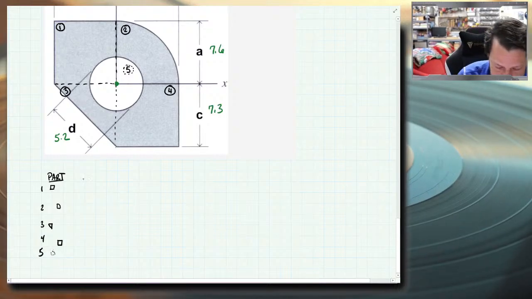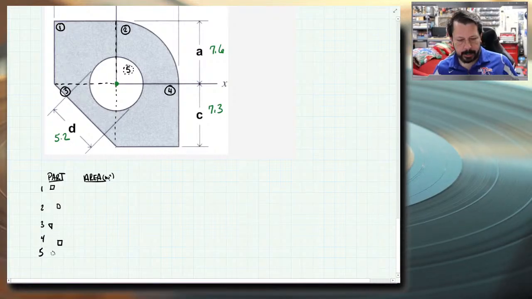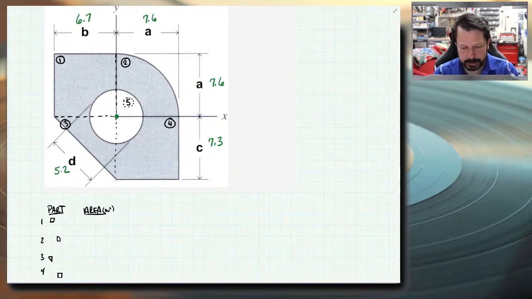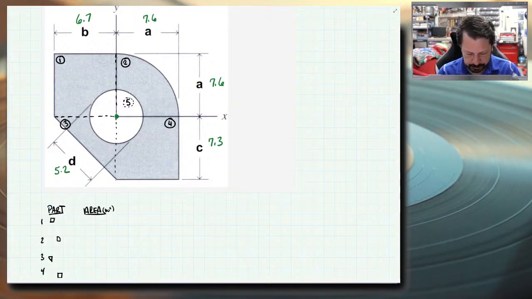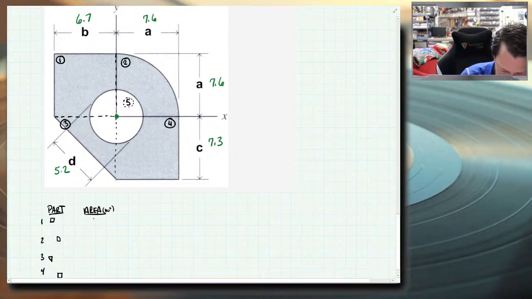Each one of these parts has an area. And these were in inches, so I can put inches squared here. Area of part 1 is, I can't see the numbers, 6.7 times 7.6, 50.92.